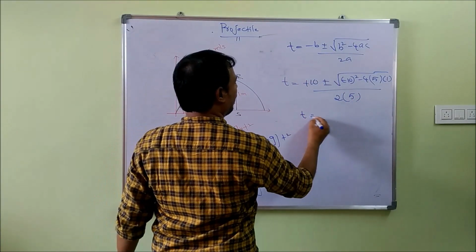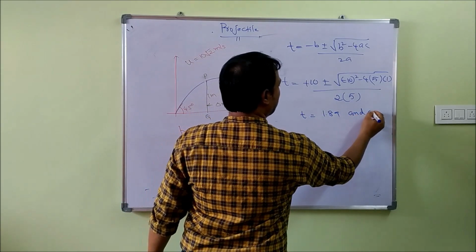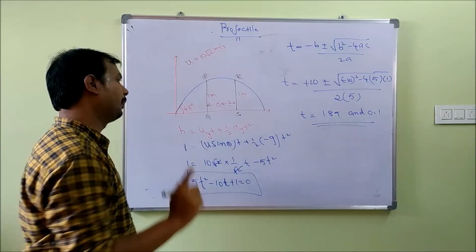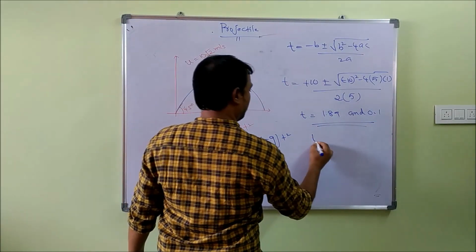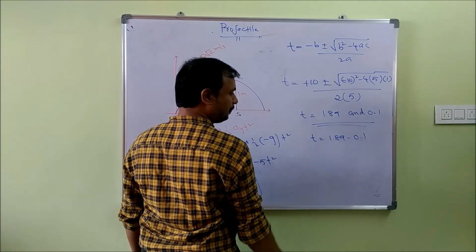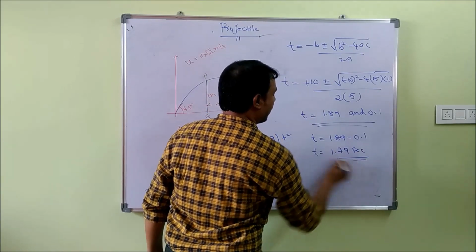After solving, you will get time values 1.89 as well as 0.1 seconds. Take the time difference, that is t equals 1.89 minus 0.1, so that is 1.79 seconds.